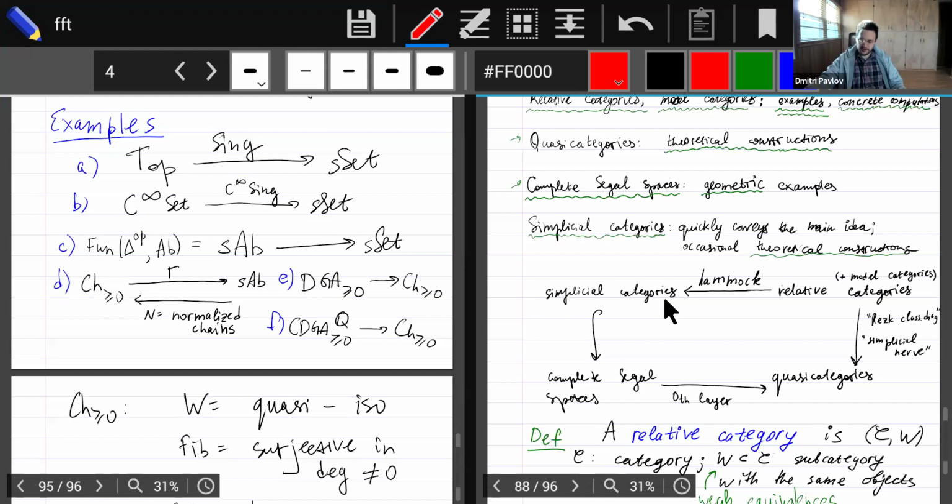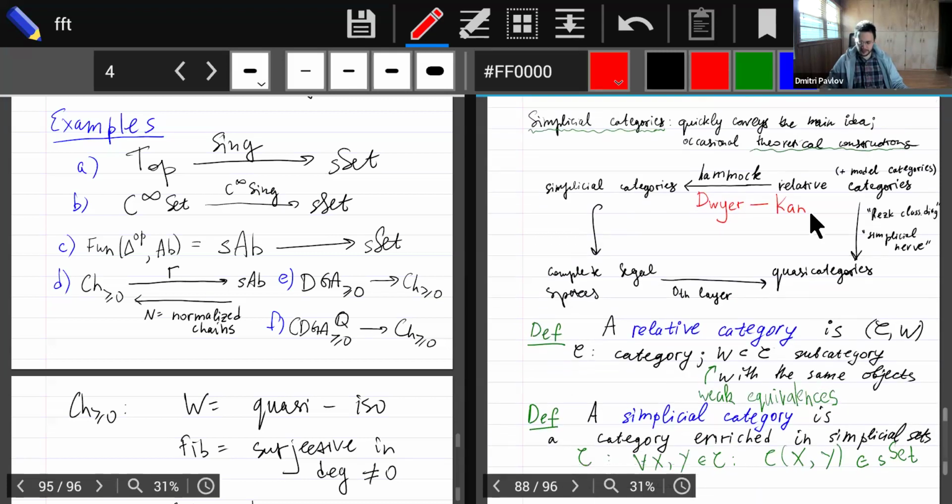In fact, there are several functors going from relative categories to simplicial categories, and they were all constructed, I guess, in the 1980s in a series of papers by Dwyer and Kan. And it's hardly obvious how to do this correctly.